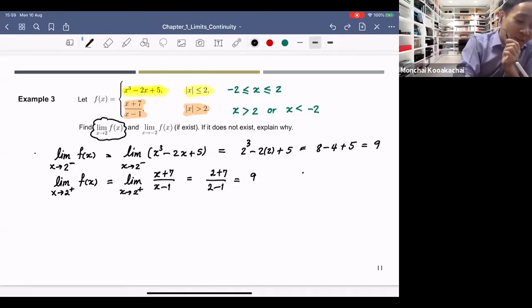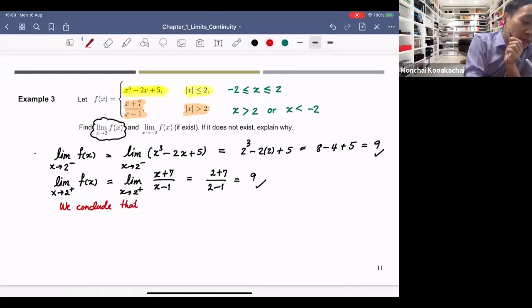Sounds good. So these two are equal to each other, and that is how we conclude that the limit of f(x) when x goes to 2 is equal to 9.